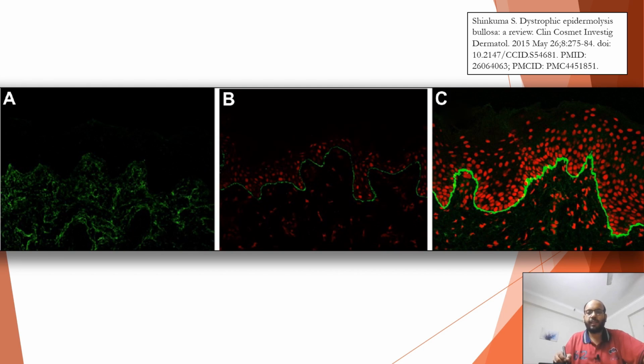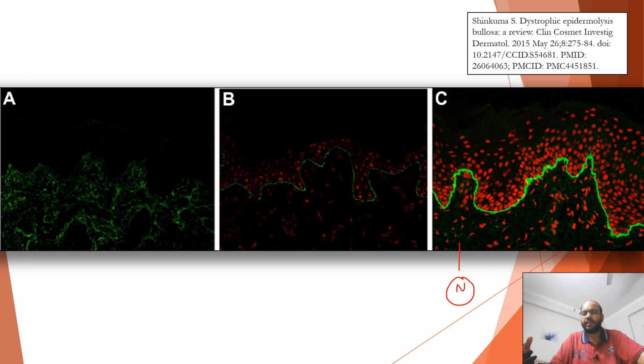If you look at the immunoelectron microscopy or immunofluorescence microscopy, this part is the normal or intact skin as a normal control. So you can see a very uniform linear staining of collagen 7. So here the tagged antigen is collagen 7. What we do is we put antibodies against collagen 7 into the sample, and the antibodies will get attached to the collagen 7.